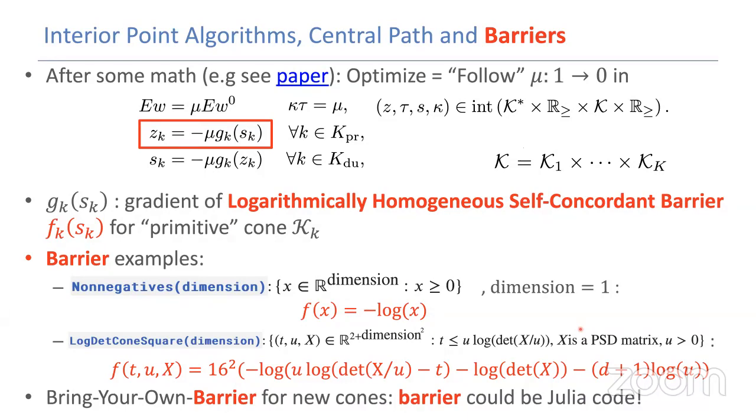The key for interior point algorithms for conic optimization to work well is in part the strong theory of barriers for conic optimization. I mentioned the homogeneous self-dual embedding that I skipped, but basically, if you pick your primal-dual pair, after some transformations you can deduce that solving the optimization problem is equivalent to following a dynamical system that's described over here.